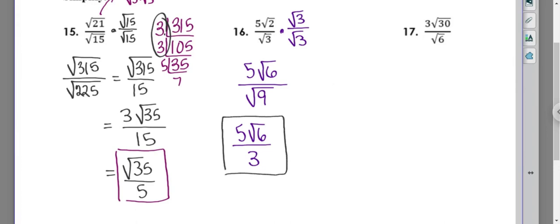So looking at 17, I do have the 3 in front, but I have the square root of 30 over the square root of 6. Is 6 a factor of 30? Yes. So I'm going to look at it like this.